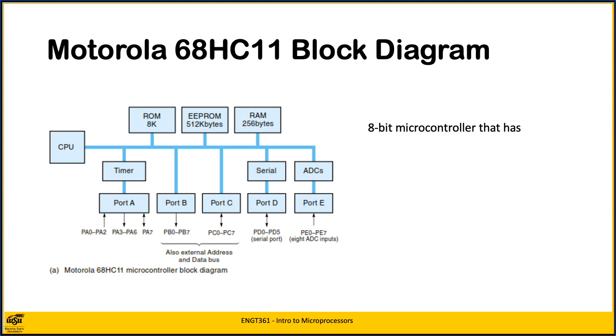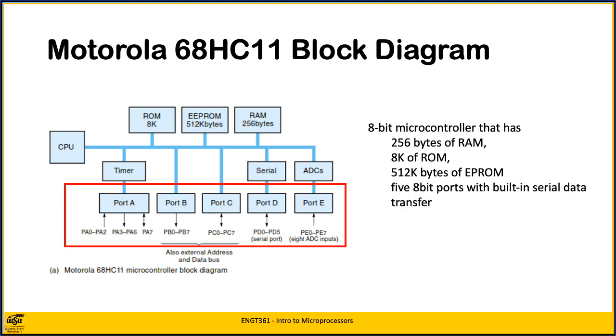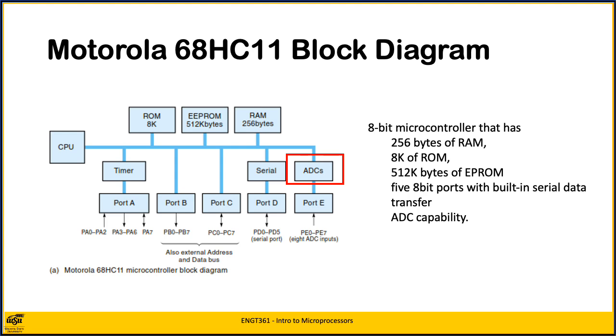The Motorola 68HC11 is a popular 8-bit microcontroller that has 256 bytes of RAM, 8K of ROM, and 512 bytes of EEPROM. It also has 5 8-bit ports with built-in serial data transfer and ADC capability.